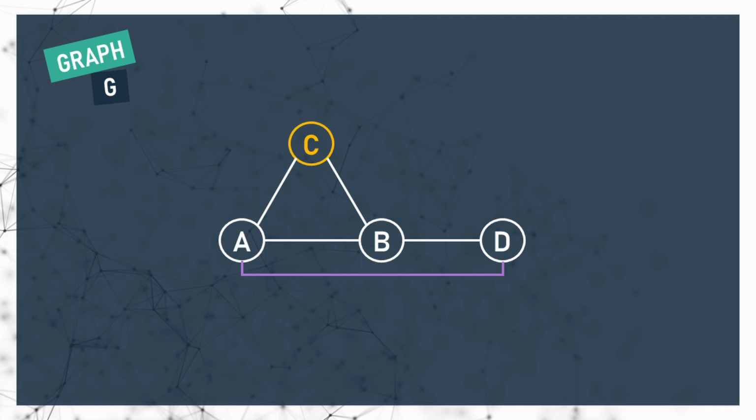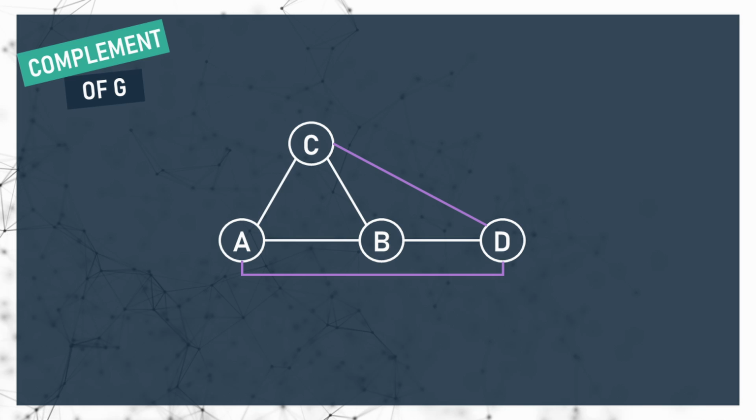Node C is connected to A and B, but not with D. Edge CD is absent in this graph. The complement of G is the graph with 4 vertices, A, B, C, and D, and 2 edges, AD and CD. Notice that the vertex set is always the same.